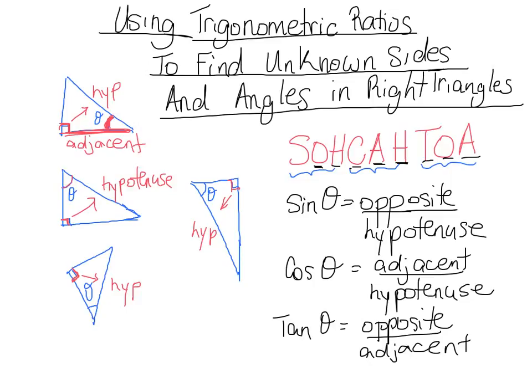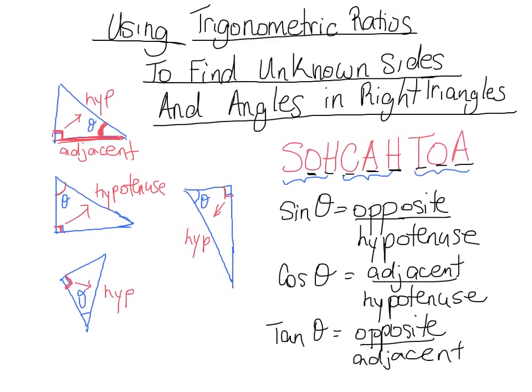In a triangle that looks very similar, the angle is up here, so the adjacent is up here. Down here, the angle is here, so the adjacent, right next to it, touches it, is over here. And finally, for this one, the adjacent next to that angle is up here.